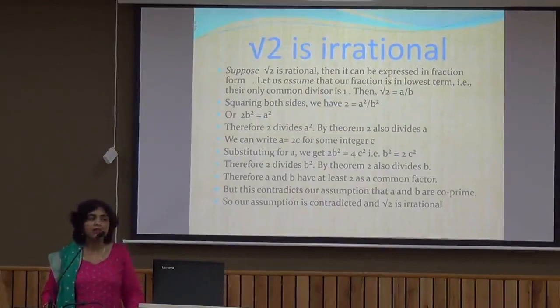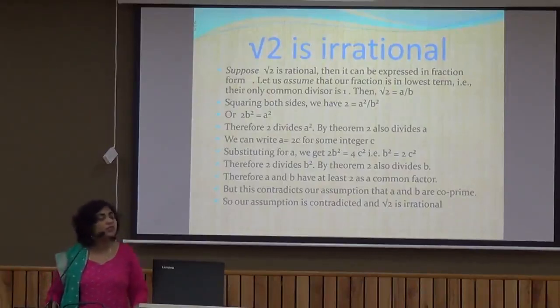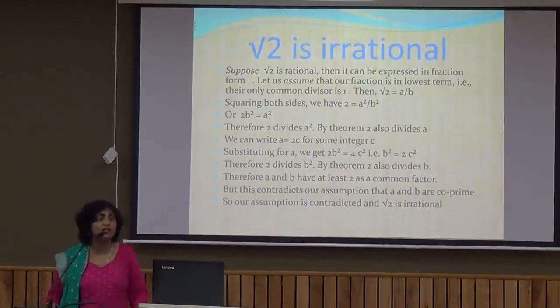That means b is also a multiple of 2, and a and b both have 2 as a common factor. But this contradicts our assumption that a and b are co-prime. That means the assumption that square root 2 is rational is wrong, and hence square root 2 is irrational.